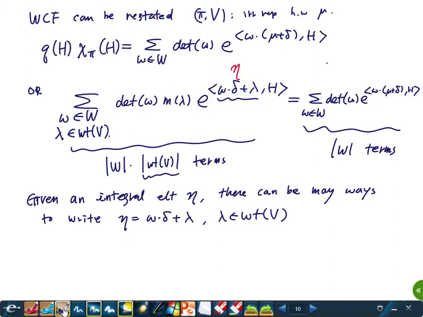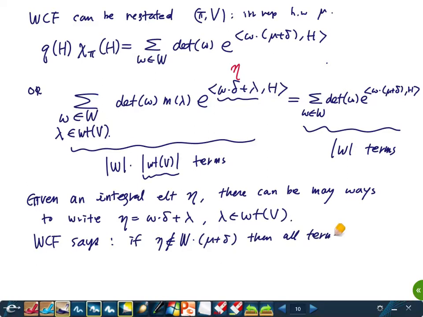But the thing is, the Weyl character formula says that if eta is not of this form, what is that? That means the Weyl group orbit of this element, right? We have this element, we apply Weyl group elements there. If eta is one of them, then, sorry, let's consider this first. If it's not one of them, then all terms of this form cancel, right?